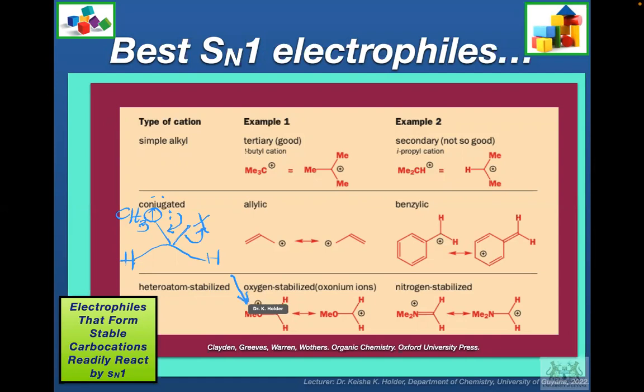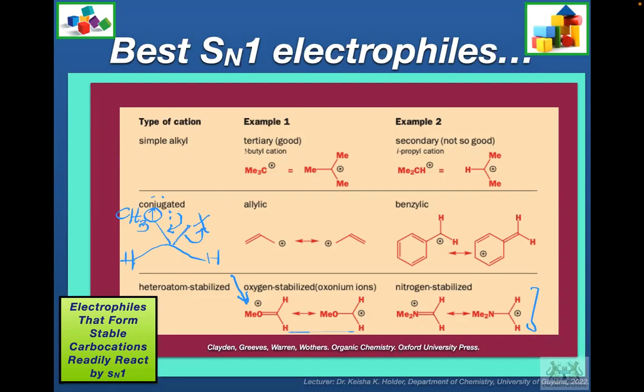So it is sort of as if the oxygen is lending its electrons to the carbocation carbon. And so you have these 2 canonical structures in terms of resonance that lead to what we call stabilized oxonium ions. It's not just limited to oxygen. You can see this happening with nitrogen as well. And so here are your scenarios.